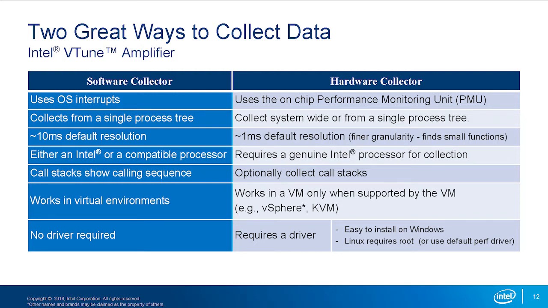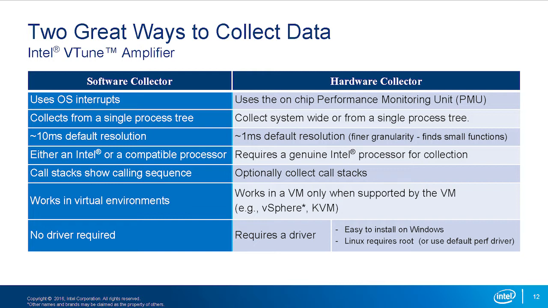Software collector uses operating system interrupts and tracks the instruction pointer and call stack. And it collects this information from a single process tree. It has a 10 millisecond resolution. The hardware collector, on the other hand, uses the performance monitoring unit built into the CPU.